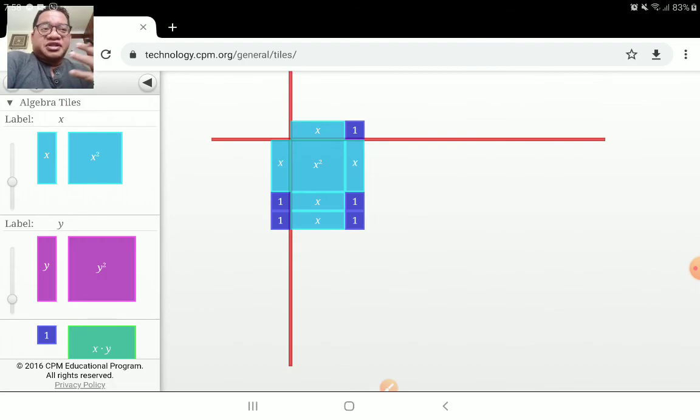So later on we will have factoring, but you need to practice this first. I'm going to give you some questions. You use this link to draw the model, and then take the photo and attach it. I'll give you the instructions in Google Classroom on how to do it.